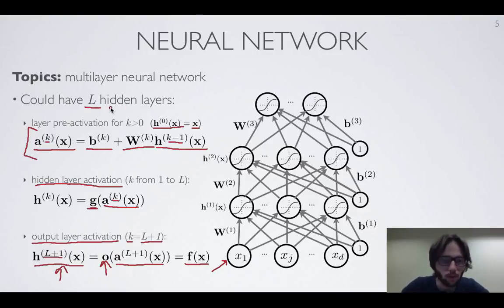If you're wondering why these layers are hidden and this is the output: this is the output for the obvious reason that it's the actual value used, say, by our classifier, which is trying to classify some input. And these are hidden because we don't know the actual right value for these hidden units.